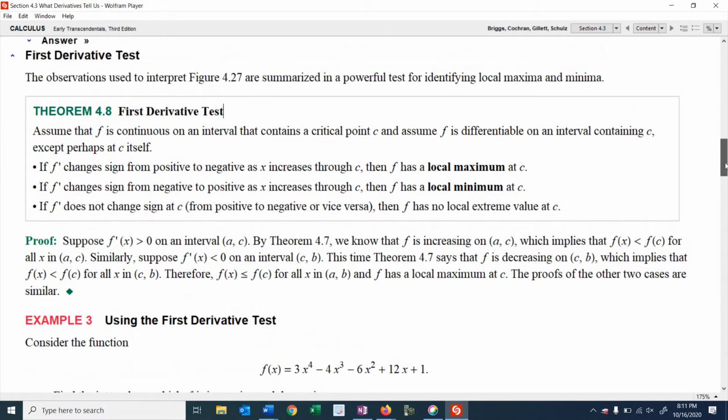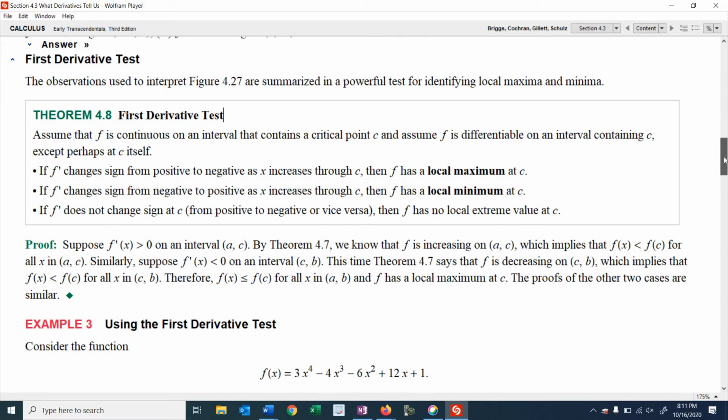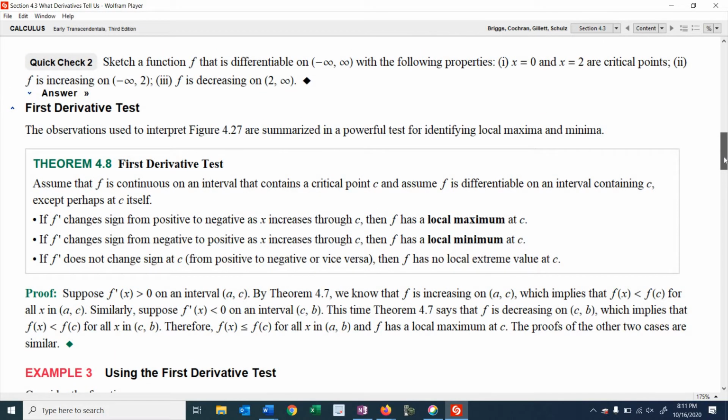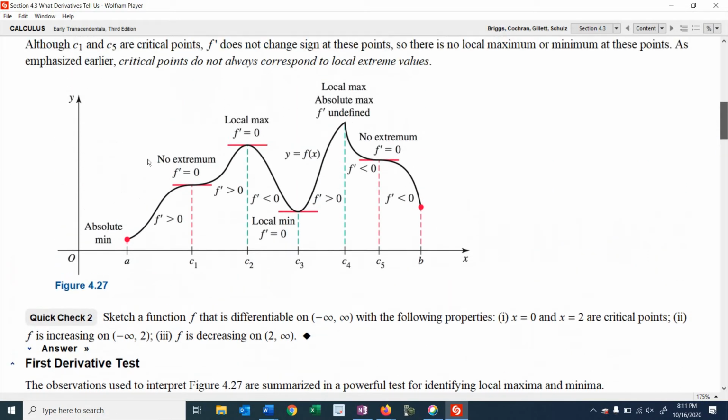Okay, so let me show you why the first derivative test allows us to find the location of local maximums and local minimums. So let's say we have a function whose graph looks like this. Now notice there are several locations where we have critical points.